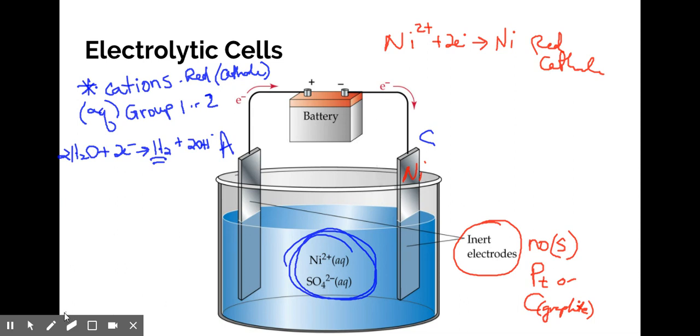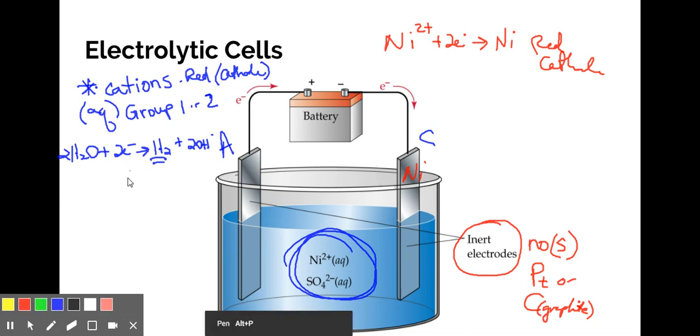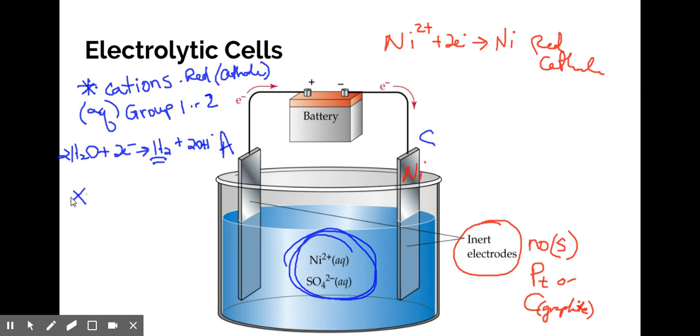Now, the other rule is for your anions. Your anions are going to be oxidized. And oxidation always occurs at the anode. Okay? Now, the rule is if it's molten, that means that this is in the liquid state, then this will automatically do that.